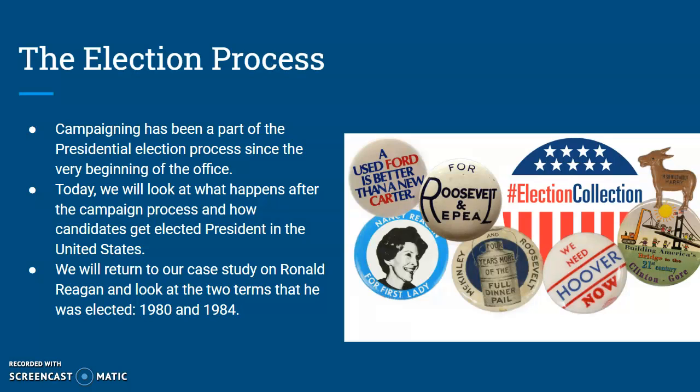But today we're really going to be focusing on what happens after and how candidates get elected president in the United States. They campaign, but then there's an actual election process they need to go through. And so we're going to return to our case study on Ronald Reagan and look at the 2 terms that he was elected, 1980 and 1984.